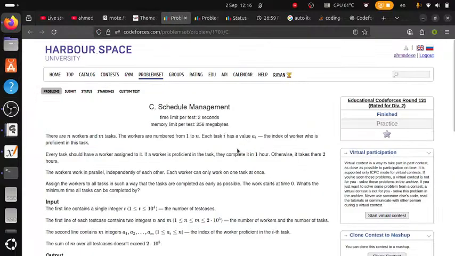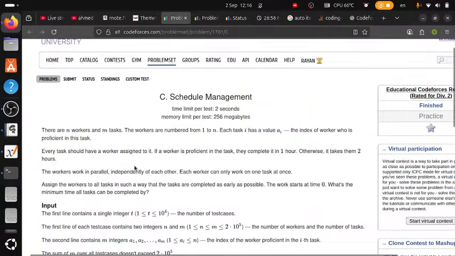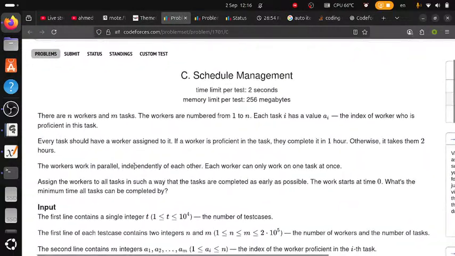Let's go. There are n workers and m tasks, right?